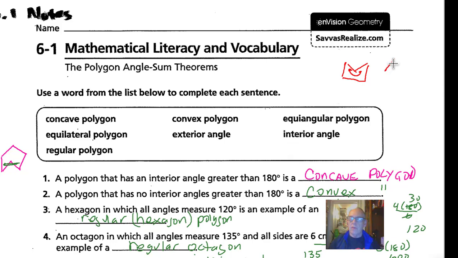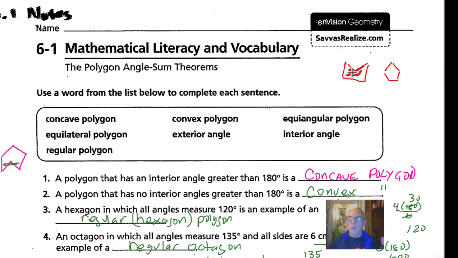Now if we have a convex pentagon, which is the normal house type shape, all of these angles are less than 180 degrees. So concave polygon, an angle bigger than 180 degrees. Like this would be 180 degrees here.